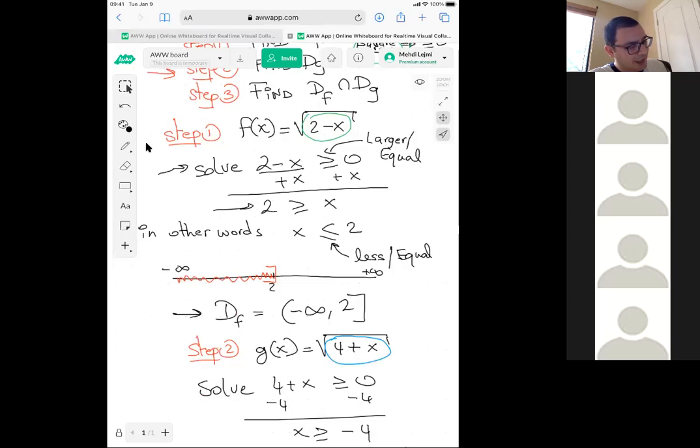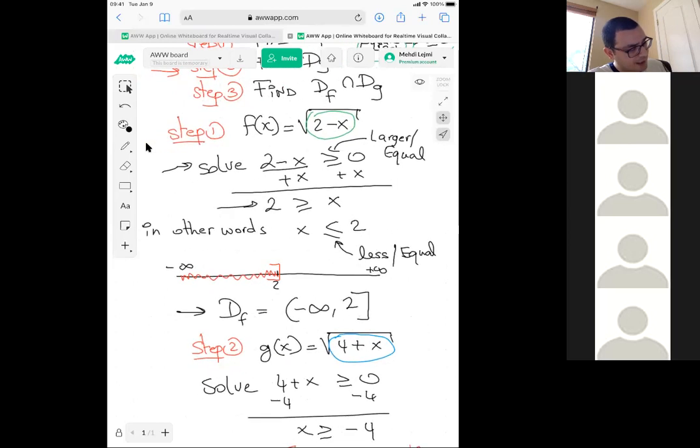Like here for f of x, I have a square root of 2 minus x, right? So there's no division, I don't have to solve bottom is equal to 0, but I do have a square root. So you need to solve what's under the square root larger or equal to 0.